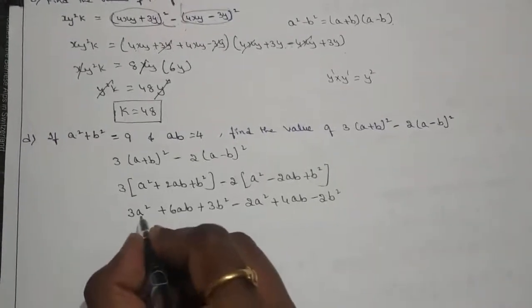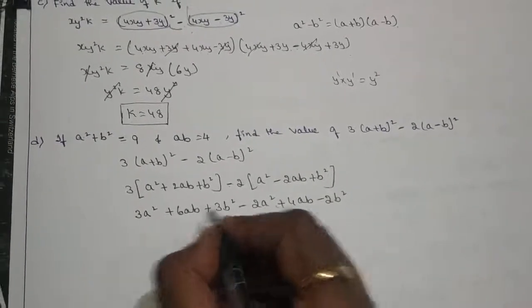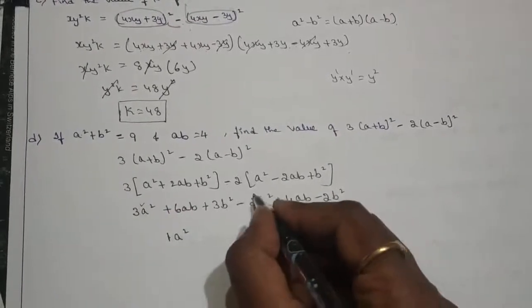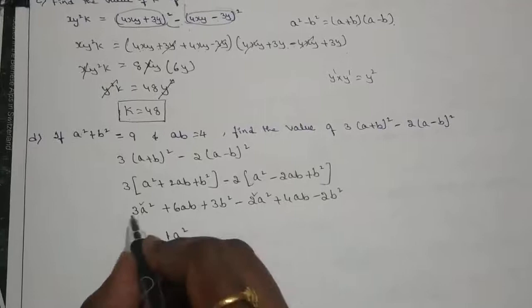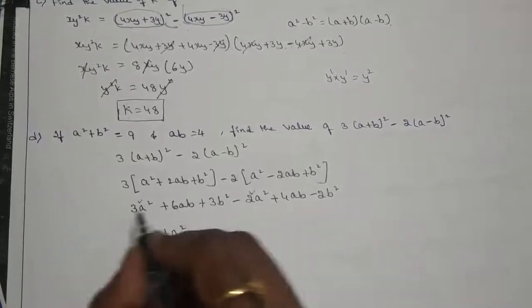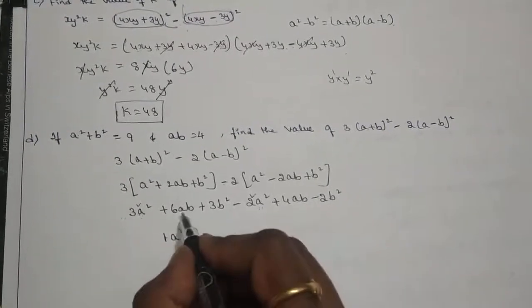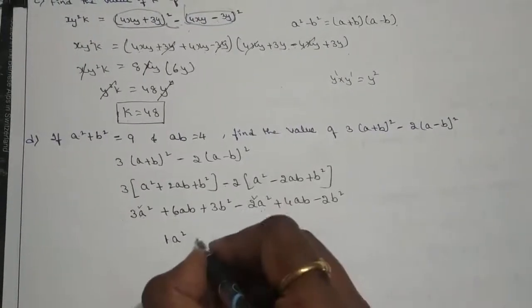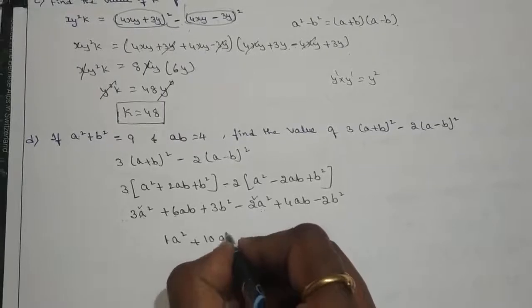Simplify. 3a square minus 2a square is nothing but 1a square. Simplifying these two, because of like terms with unlike signs. Next, plus 6ab plus 4ab is nothing but plus 10ab.